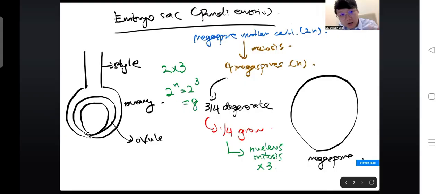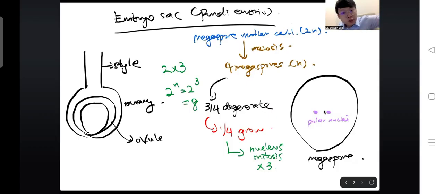Now we've got 8 nuclei, right? 2 will remain in the middle. So these 2, we call them the polar nuclei. I repeat, polar nuclei. In Bahasa Melayu, we call them nukleus berkutub. Okay? Polar nuclei.